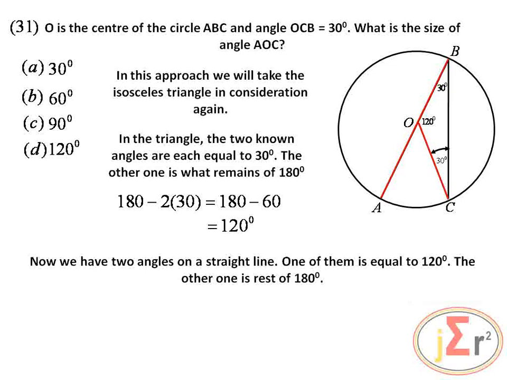Therefore, the unknown angle is 180 degrees minus 120 degrees, which is equal to 60 degrees. There we have it, just as before, and the correct answer is option B.